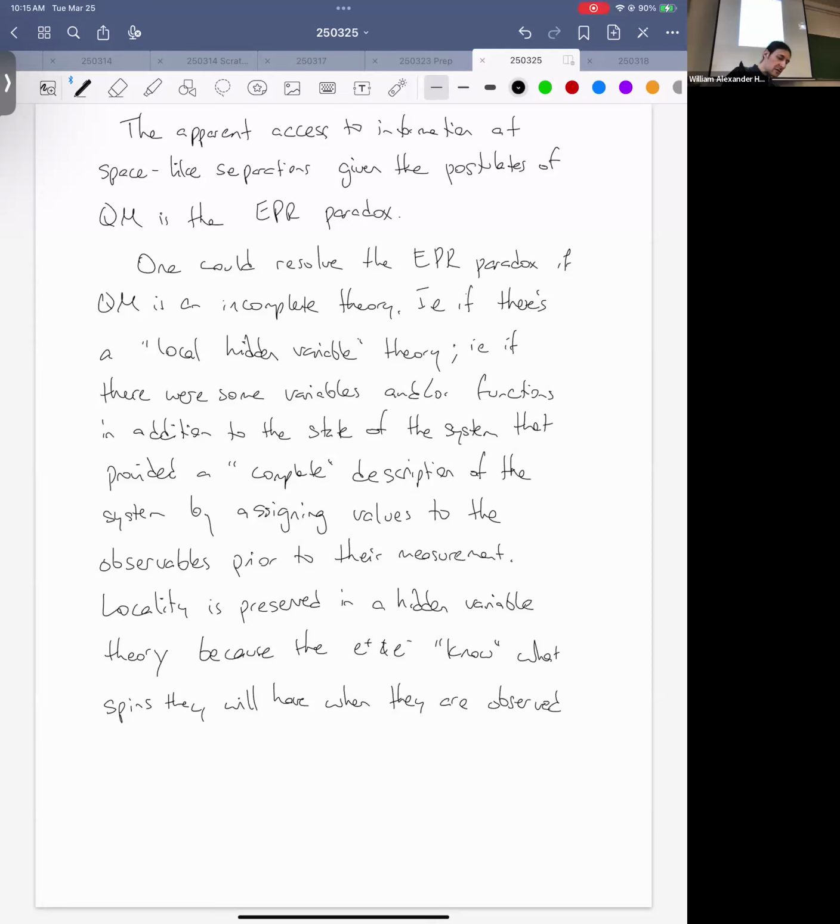And they'll know this immediately after the pi zero decays, when the E plus and E minus are causally connected.